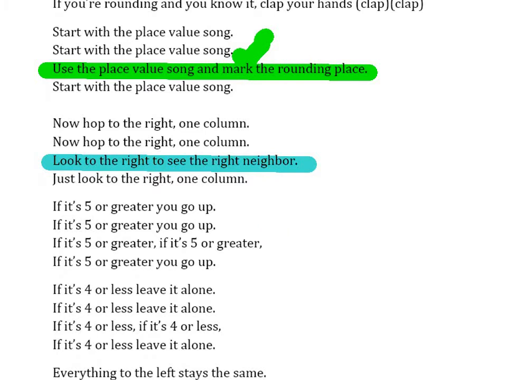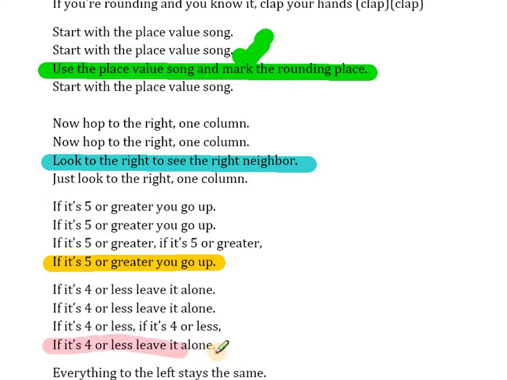And then the next thing we want to remember is that if the right neighbor is 5 or greater, 5, 6, 7, 8, or 9, you're going to round up in the rounding place.